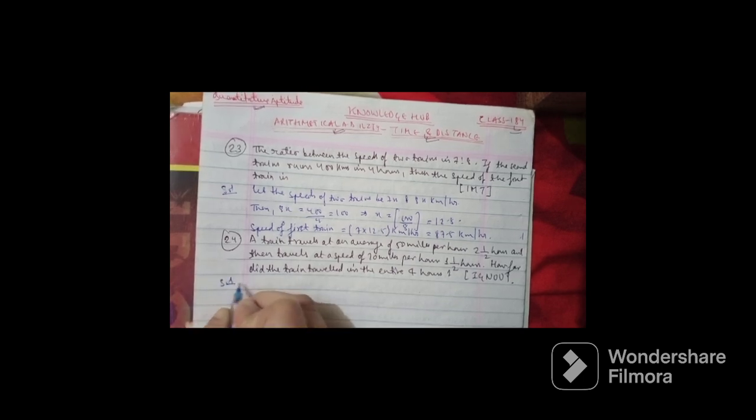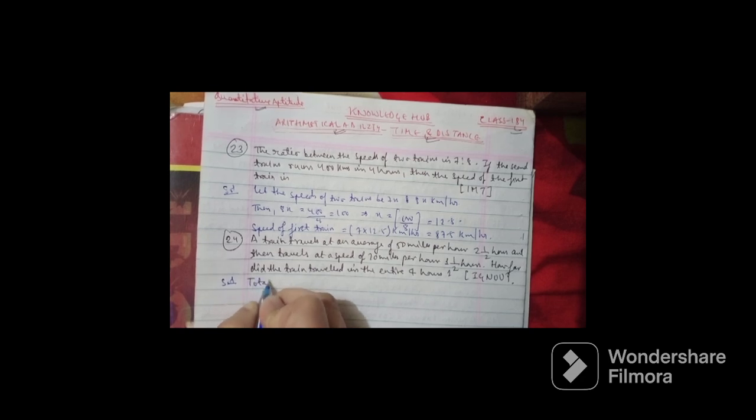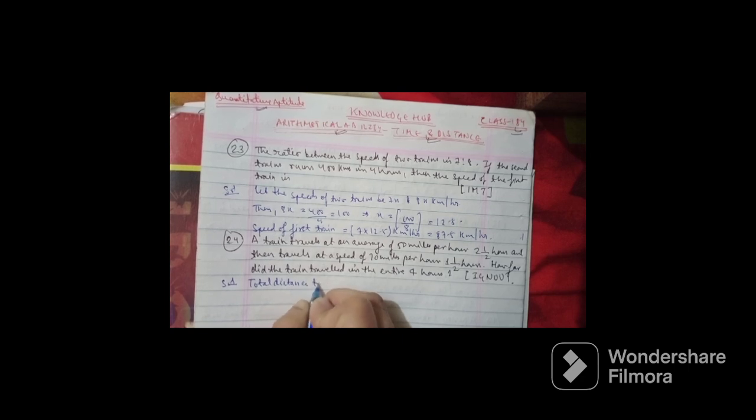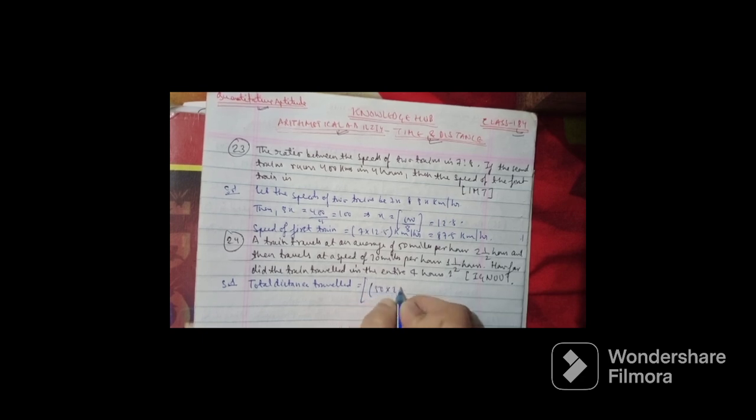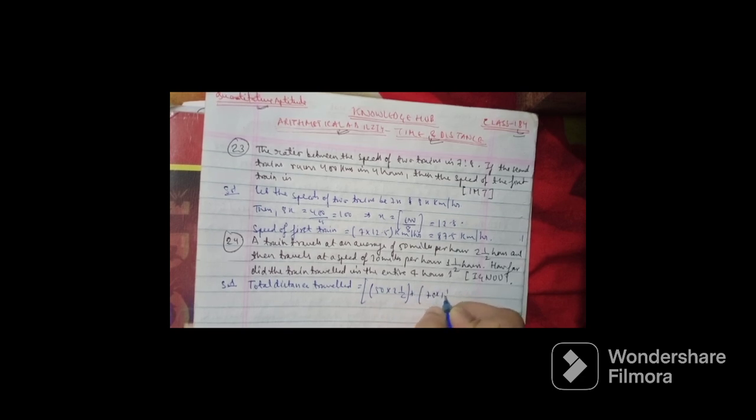For that the solution: total distance traveled equals 50 into 2 1/2 plus 70 into 1/2 miles.